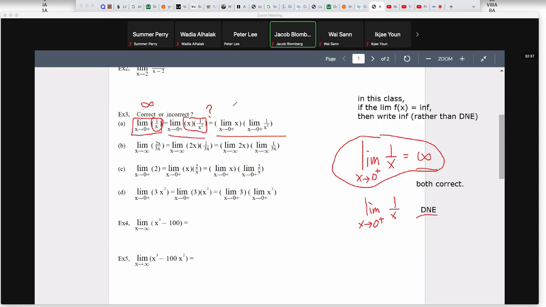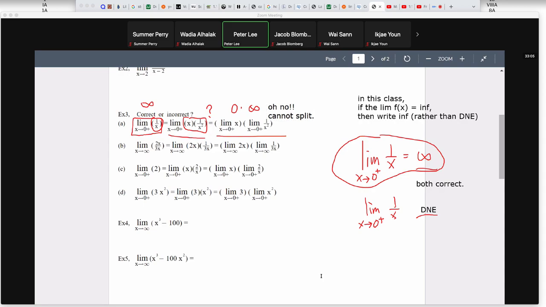Because when you split this, this becomes 0 times infinity. Oh no. Cannot split in this case. Is that clear?